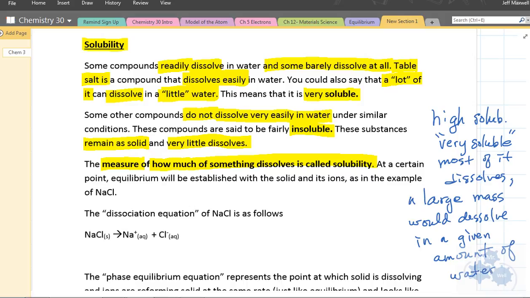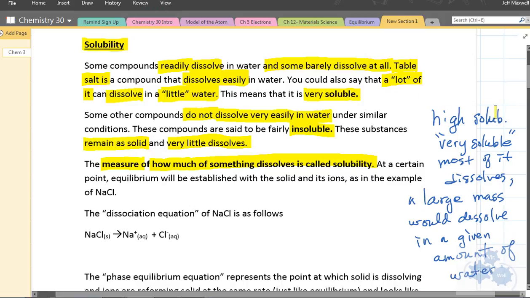So high solubility means that it is very soluble, and a large mass of it would dissolve.